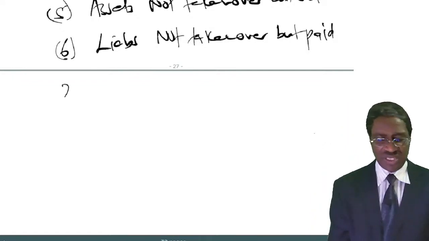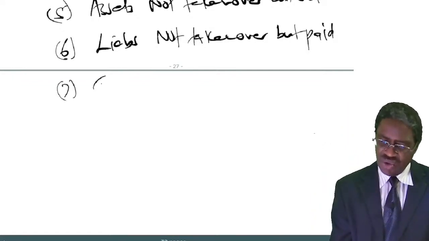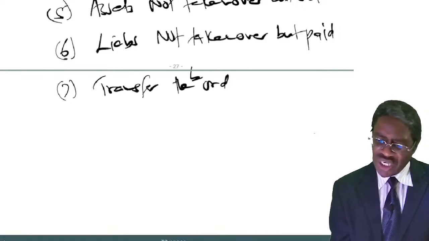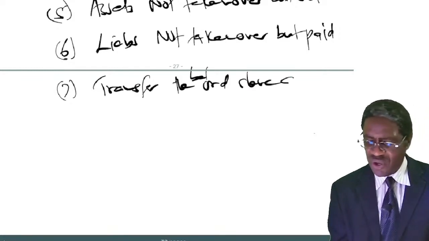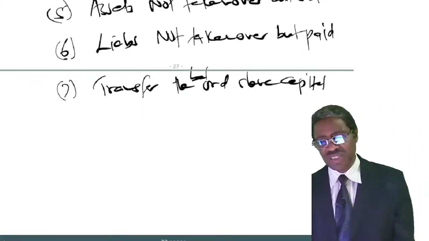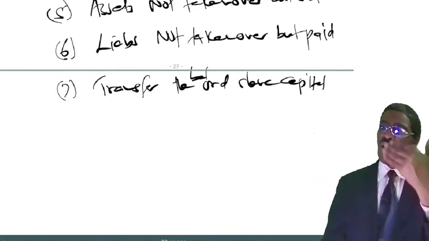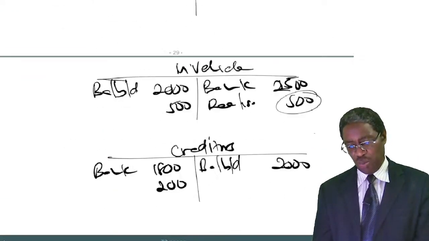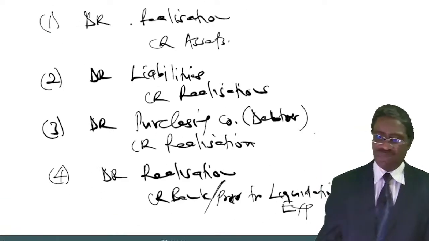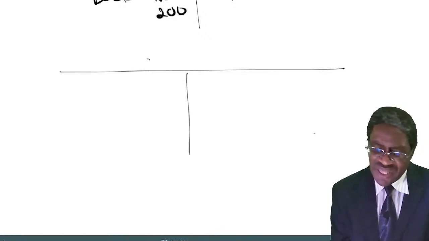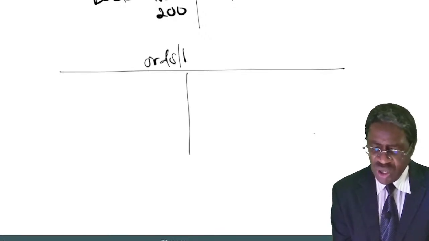Good. Now listen. Step number 7 says you transfer the balance of the ordinary share capital to an account we shall be calling the ordinary shareholders members account. This represents a liability account for everything that we owe to the ordinary shareholders.